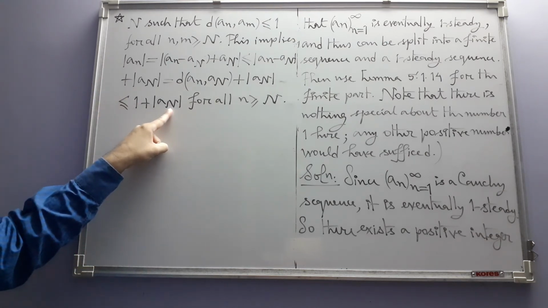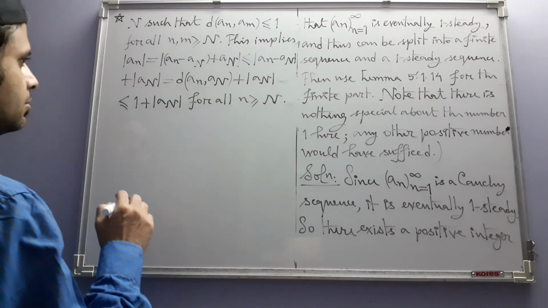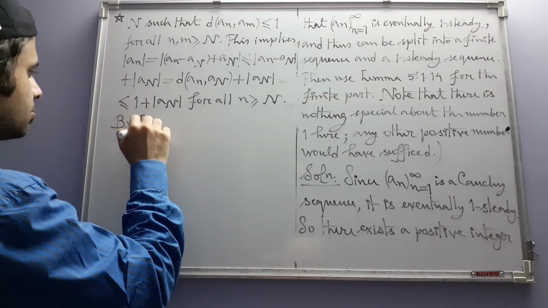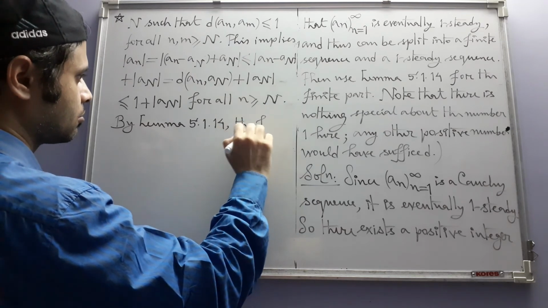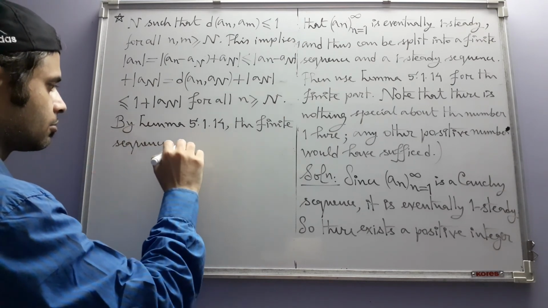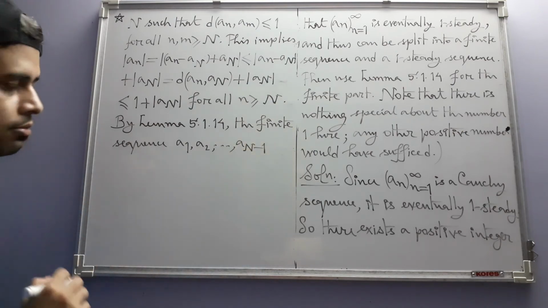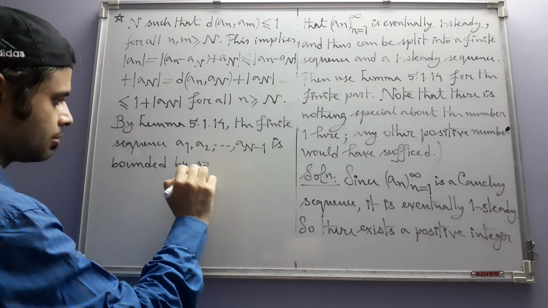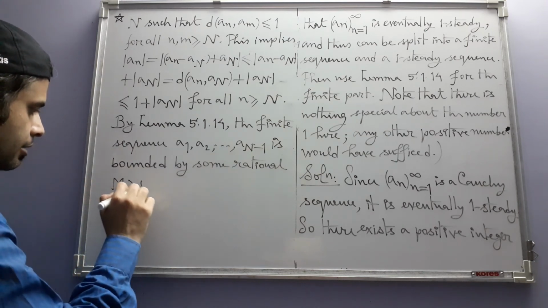It is fixed because this capital N is fixed, provided small n is greater than or equal to capital N. Okay, and by lemma 5.1.14, the finite sequence is bounded by some rational M, we can take it to be greater than 0.